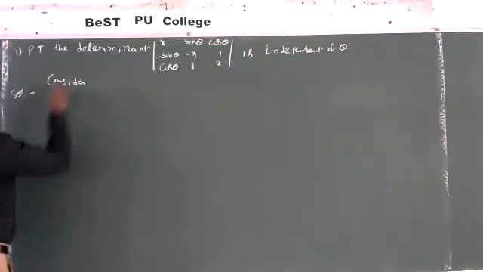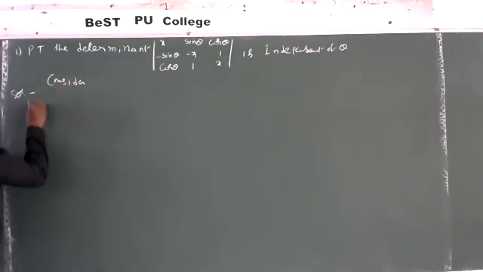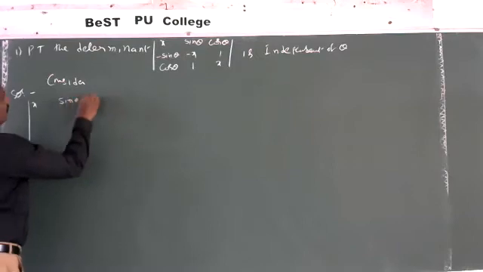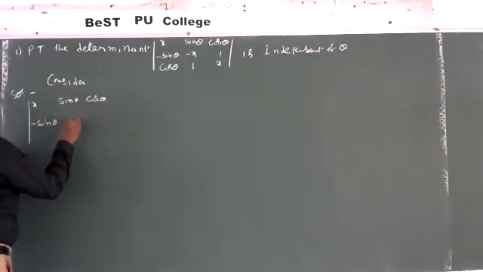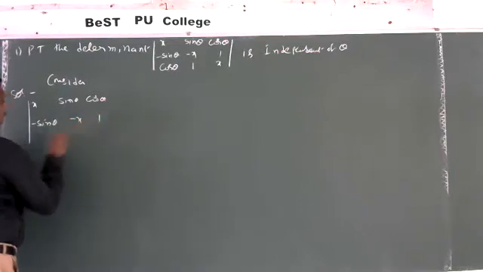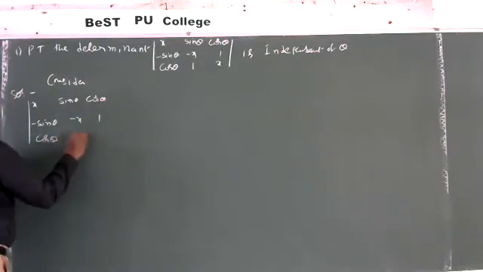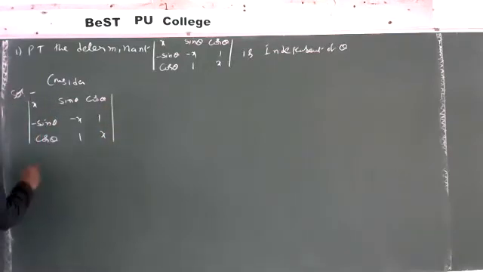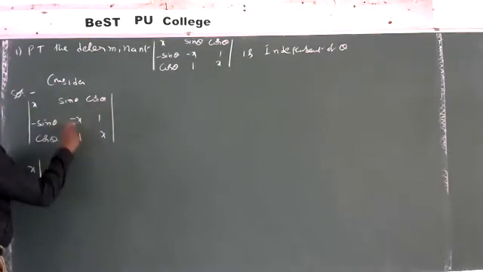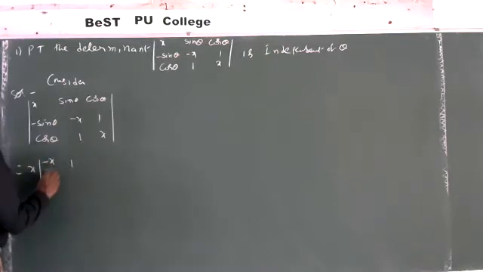Consider the determinant x sin theta cos theta, minus sin theta minus x 1, cos theta 1 x. Expand the determinant. It is x into the determinant left after removing this row and column, minus x 1, 1 x.